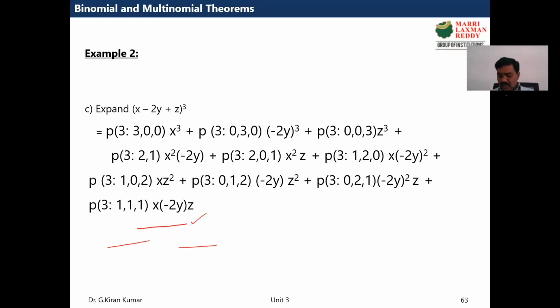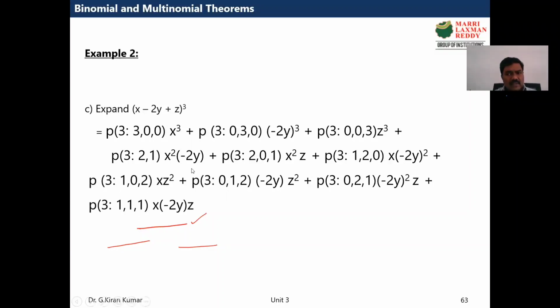And how many terms will be there? 3 variables and whole power 3 means how many terms? 10. Okay, but the only thing is that instead of x1 you have x here, and in place of x2 you have minus 2y, and in place of x3 you have z. Am I right? So it's not that difficult. Only carefully do a substitution so you can easily get this also.